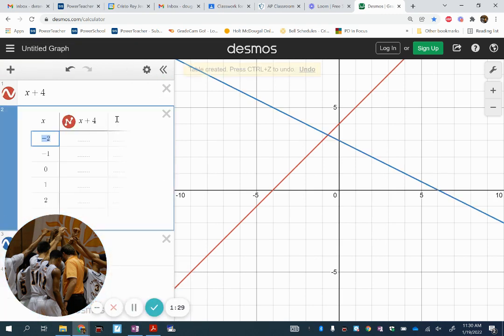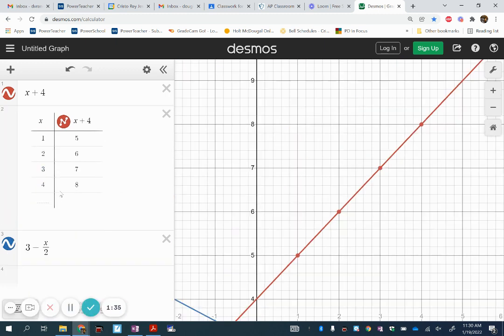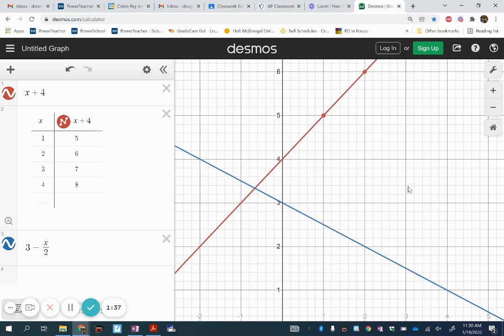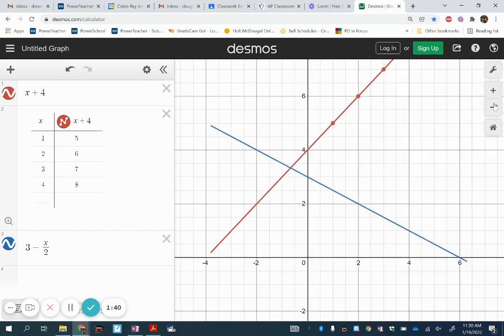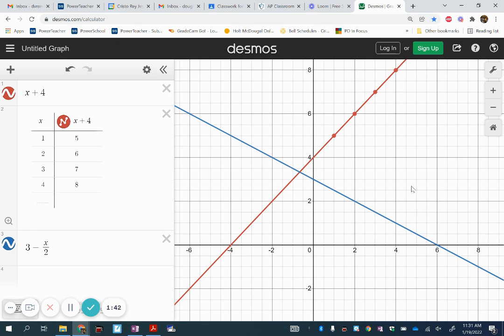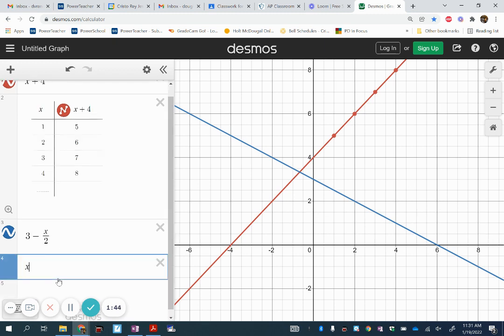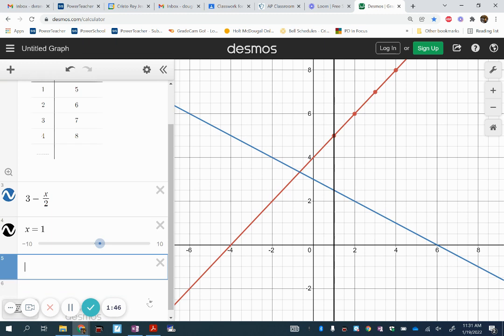Let me zoom out a little bit. So you can see we have x equals 1 and x equals 4.